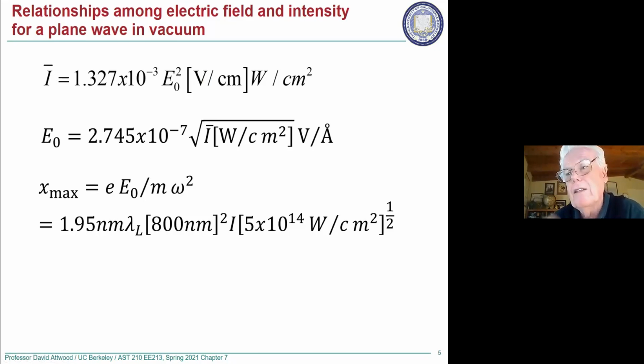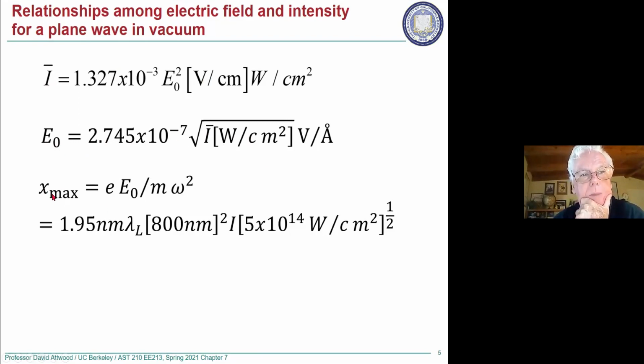So you know your laser has a certain output in power; if you had to bring it down to a certain intensity level, what spot size would you need? What kind of lens would you need to do that? This goes the other way. If you knew the intensity that you're focused down to, this would give you the electric field, okay?